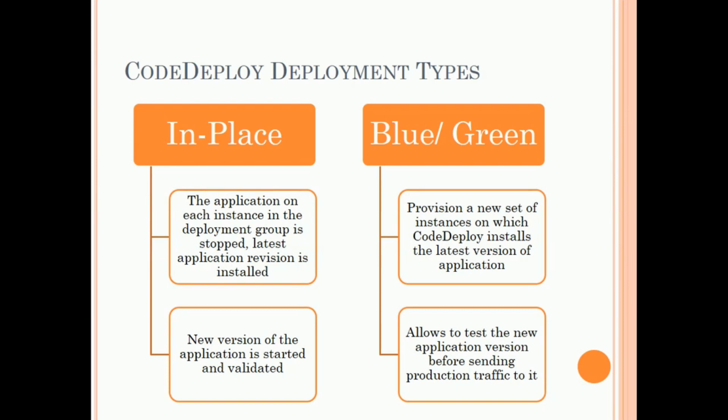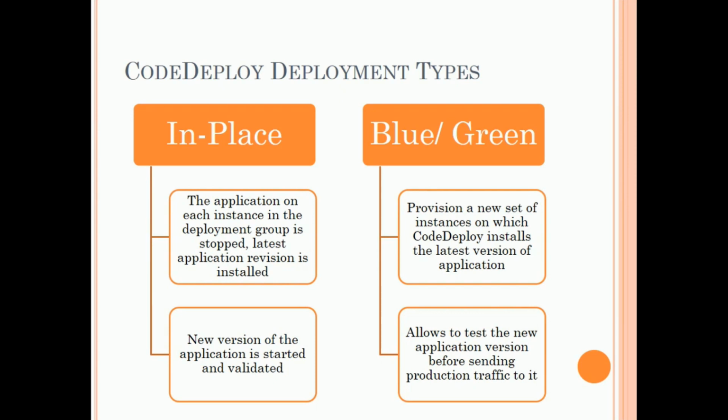The instances in a deployment group, or the original environment, are replaced by a different set of instances called the replacement environment. So it allows us to test the new application version before sending production traffic to it. So an application can be installed and tested on the new instances ahead of time and deployed to production simply by switching traffic to the new instances.